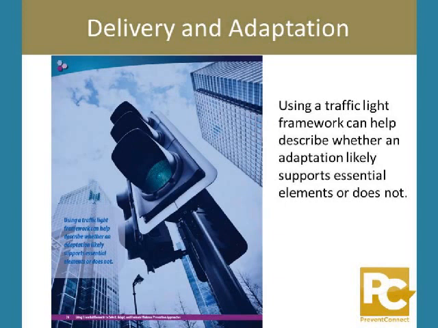First, I want to share what you see here on the screen: we use a traffic light as the metaphor or framework that can help describe whether an adaptation likely supports essential elements or does not. We talk about green, meaning go, or likely to support essential elements, and red, likely not.